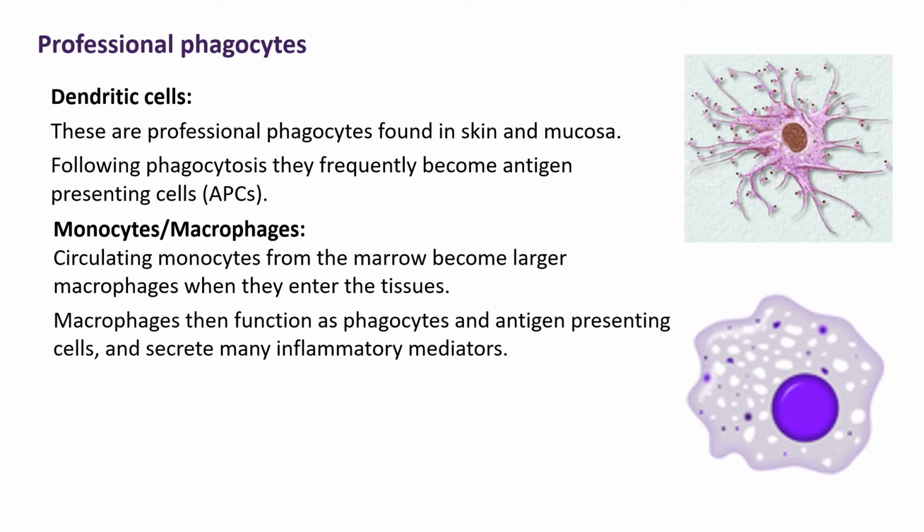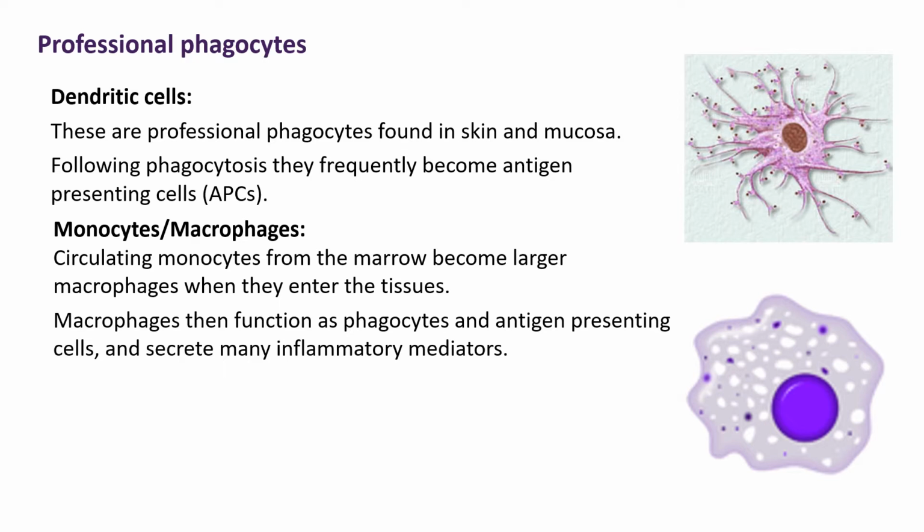Our other professional phagocytes are monocytes that become macrophages. So we have circulating monocytes. They're released from the bone marrow as monocytes in response to colony stimulating factors. And once they get into the tissues out of the blood, they become larger macrophages.